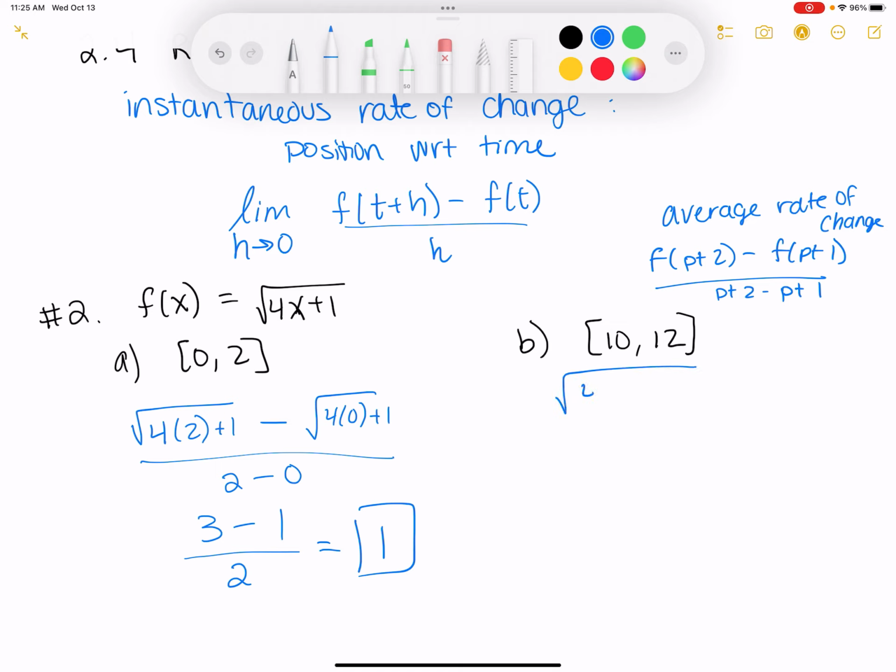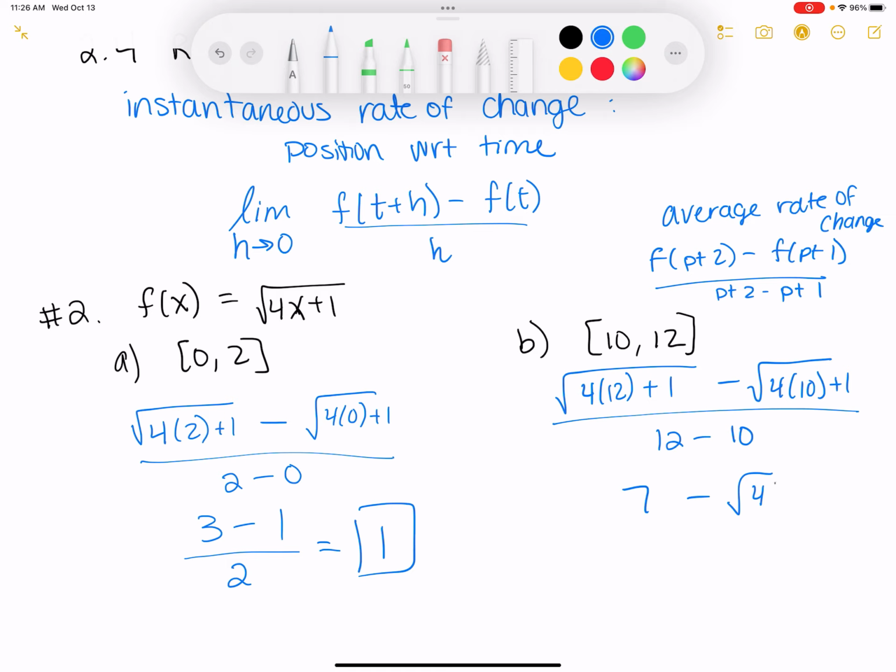The square root of 4 times 12 plus 1 minus the square root of 4 times 10 plus 1, all over 12 minus 10. So 4 times 12 is 48 plus 1 is 49. Square root of 49 is what? 7 minus square root of 41.